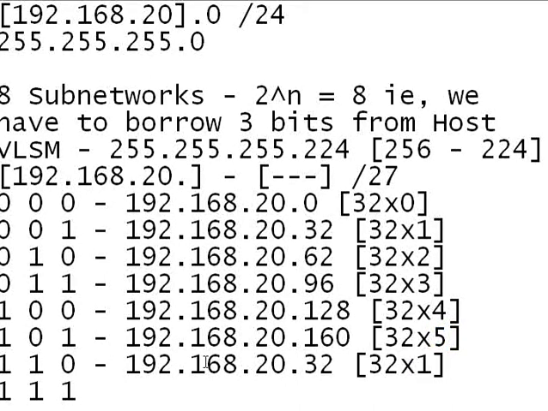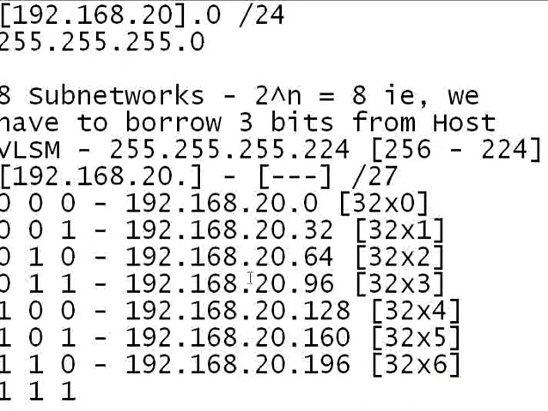You can see if I add 32 to the previous network address, 0 plus 32, I am getting the next subnetwork address: 64, 96, 128, 160, 192, and last but not least, 224.